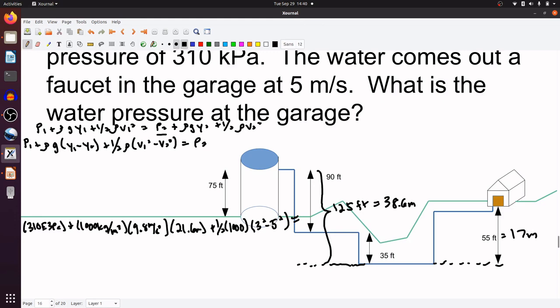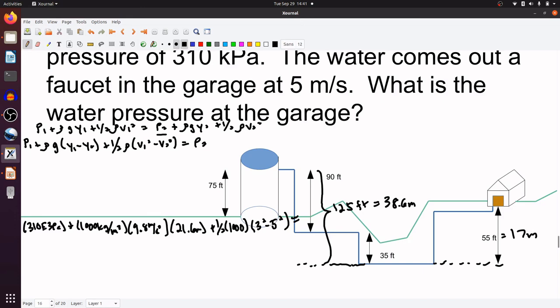Doing some math here, I'm going to start at the right. So that's 0.5 times 1,000 times 3 squared minus 25, 9 minus 25. And then we're going to add that value to 1,000 times 9.8 times 21.6.